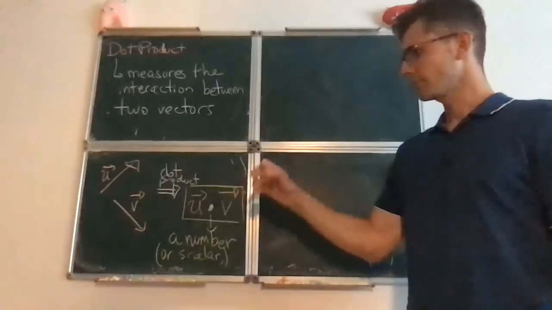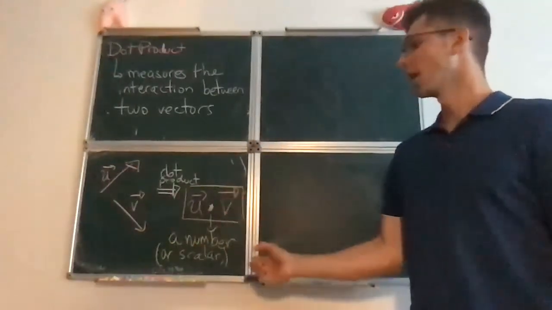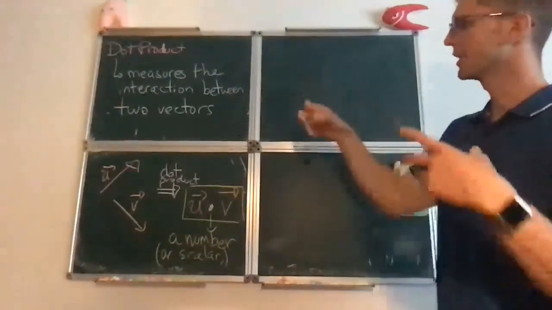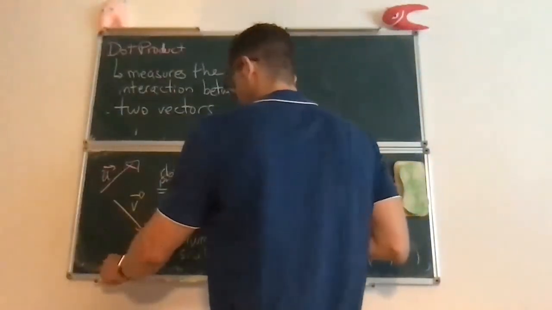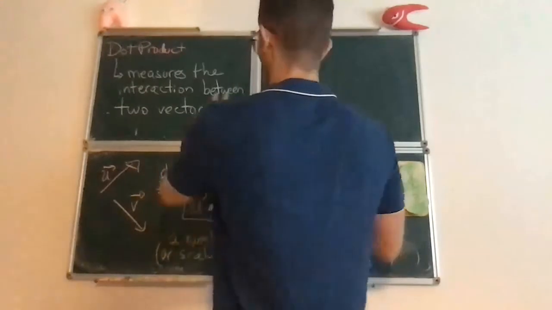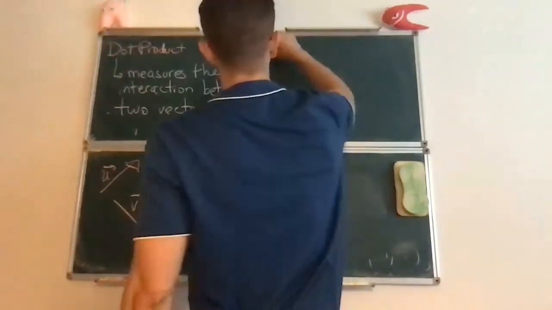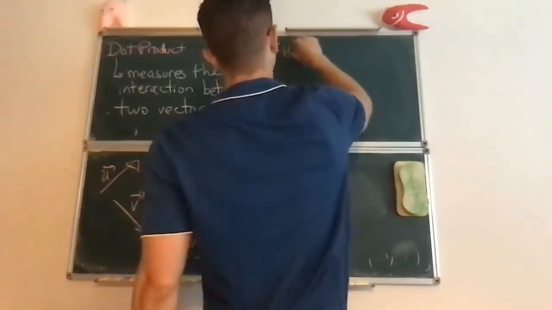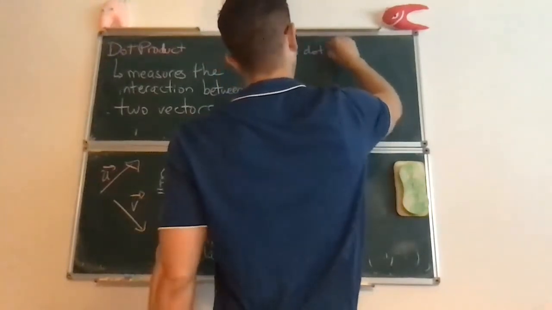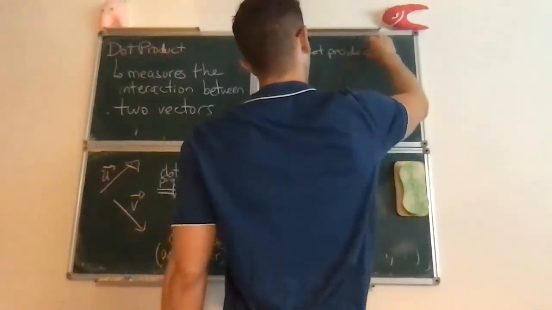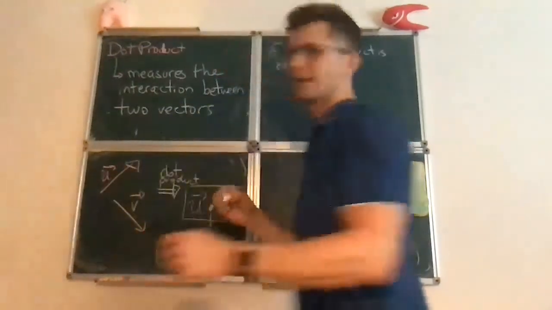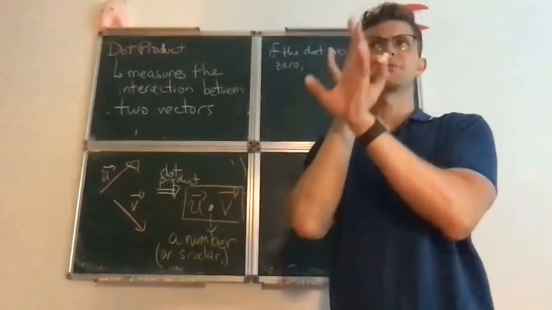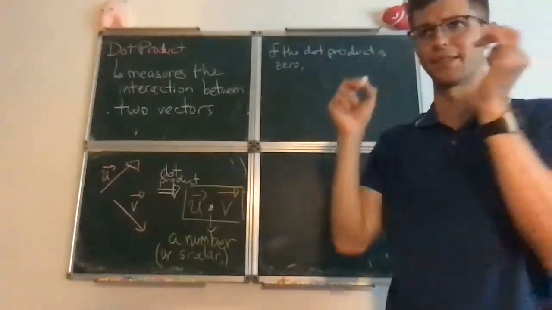So out of two vectors you get a number, and the point, morally, what you should think about this dot product giving you is that if the dot product is 0, then in a way the vectors, you should regard them as being like independent of each other.